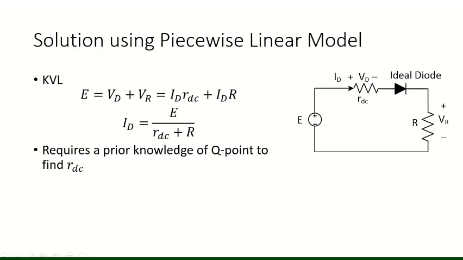So E, which is rise, is equal to Vd, a drop, plus Vr, also a drop. So E is equal to Vd plus Vr, and just write the equation of values of Vd and Vr. In case of Vd, we know there is current Id that will flow, and the internal resistance of our diode is RDC.